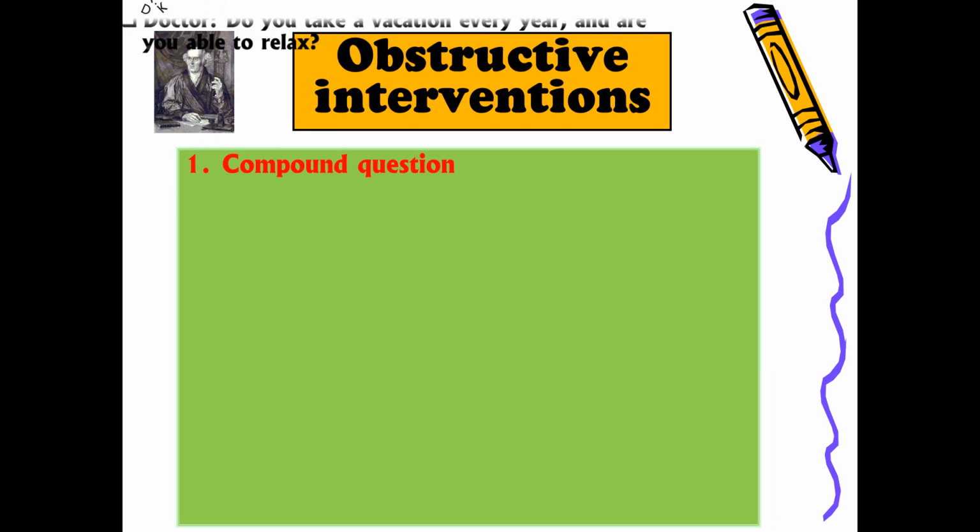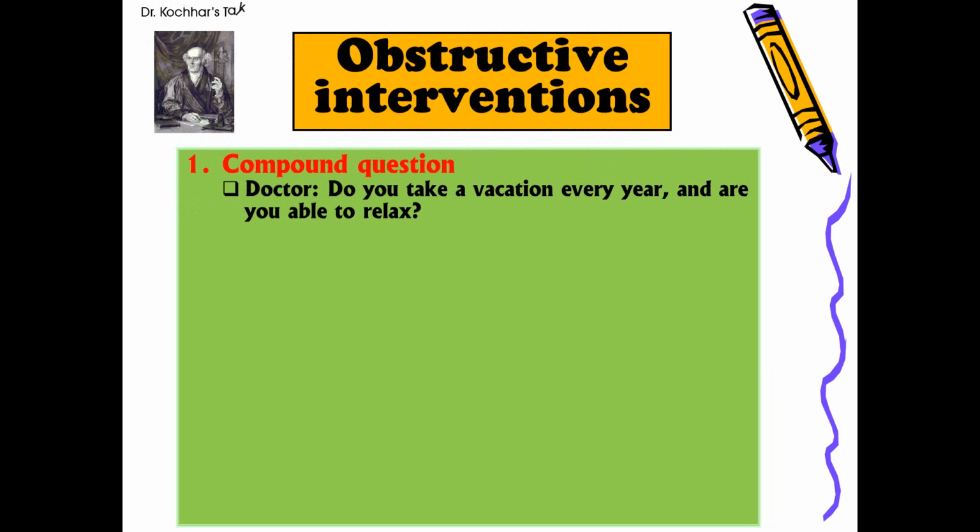Then obstructive. What blocks, what obstructs? Like a compound question: do you take a vaccination every year and are you able to relax? Now you have put two things. If the patient answers, it will be very difficult, like when somebody asks, have you stopped beating your wife? If he says yes, then also difficult.